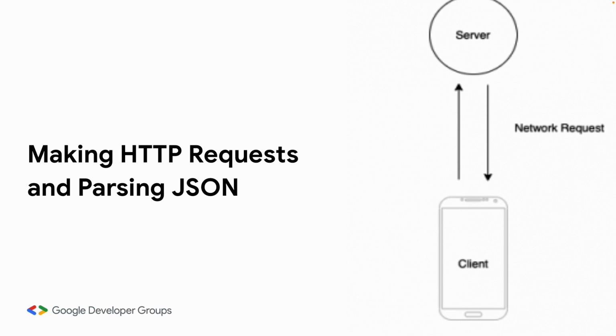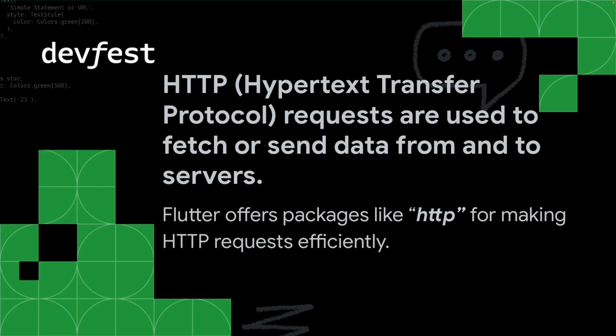So now let us look at how to make HTTP requests and parse JSON data. What is HTTP? HTTP, meaning Hypertext Transfer Protocol, requests are used to fetch or send data from and to a server. So using the HTTP protocol, you can send data from your device to a server somewhere or get data from a server somewhere to your device, right?